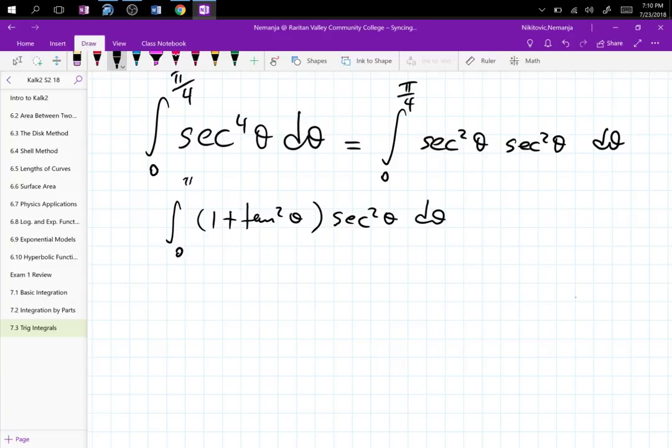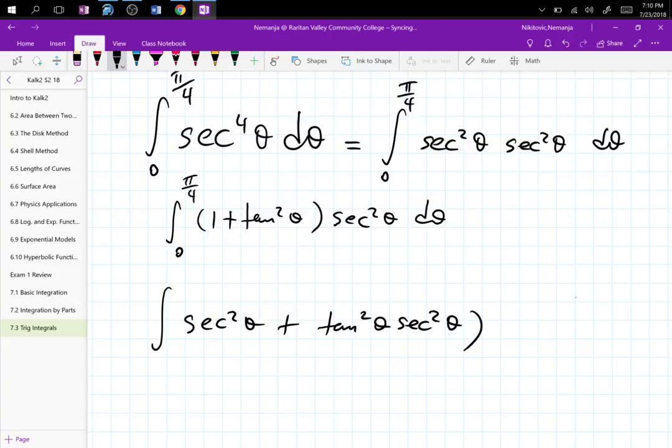Now distribute. So I have the integral of secant squared theta plus tangent squared theta secant squared theta d theta.